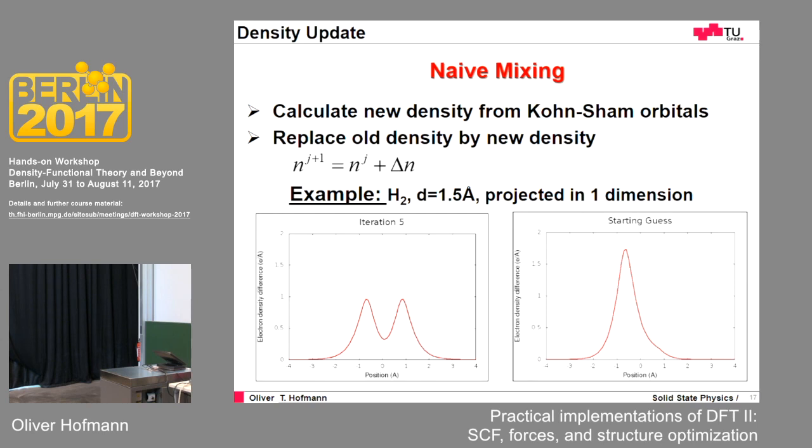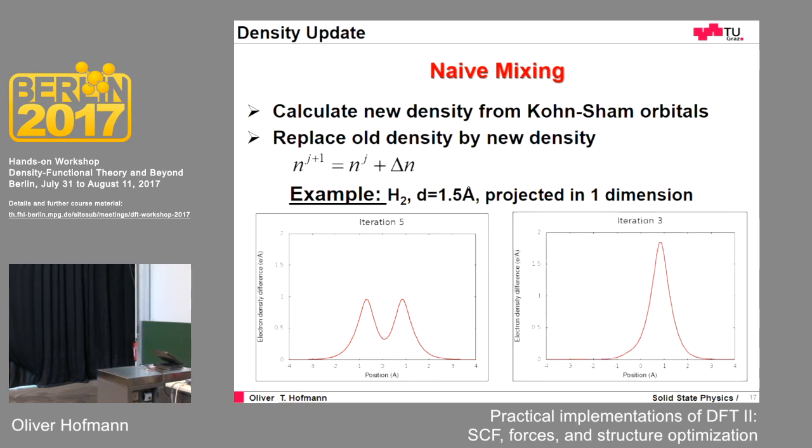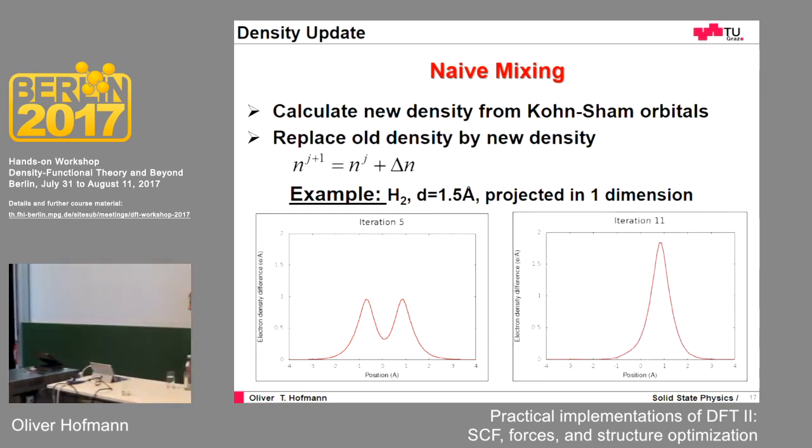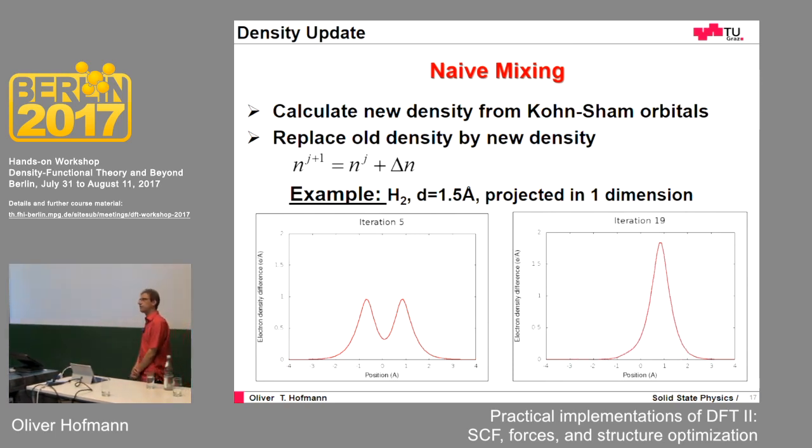But as I've just said before, the starting guess is not always very good. Sometimes it's actually terrible. And this is what you can see here on the right-hand side. Here I've actually placed all the electron density on one of these two hydrogen atoms. And what's happening now, if you just take the naive guess, is that the electron density tries to go to the other atom all the time, every time.